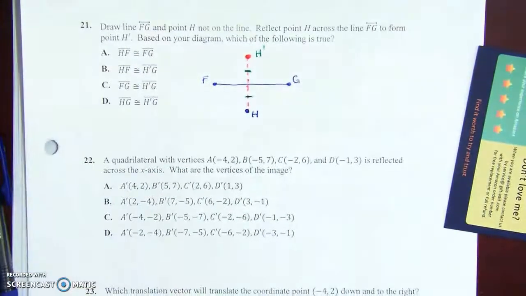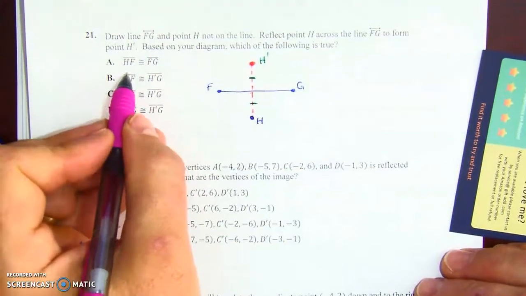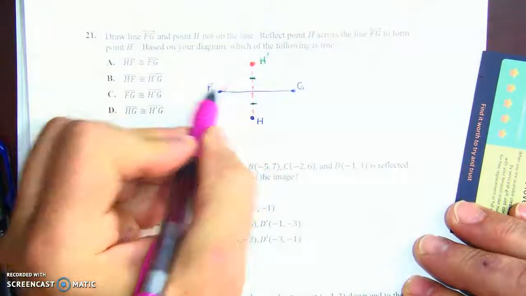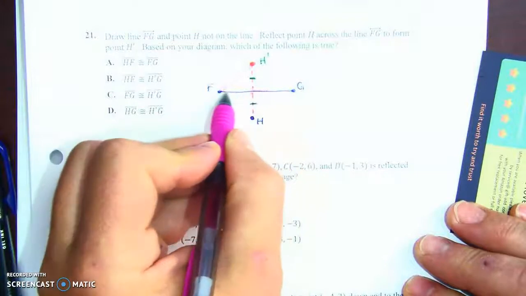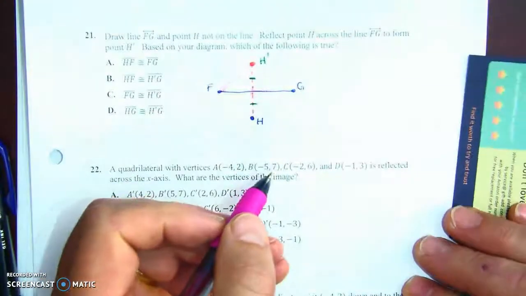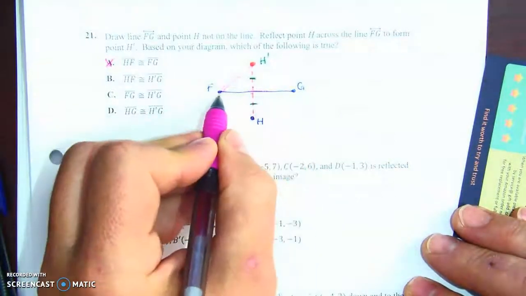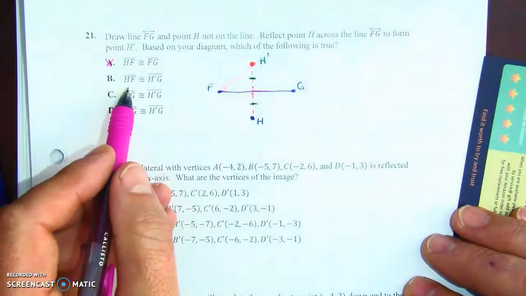Okay. Now, it says we need to identify some rules here that we got to look through. So let's look through it. It's asking if this is true or not. HG or HF, which is this line right here, is congruent to FG. Okay, based on the rules that we know about reflections, this is not true, because this is not as long as that is, and if we were to measure it, it wouldn't work either. Okay, so let's look at this one.